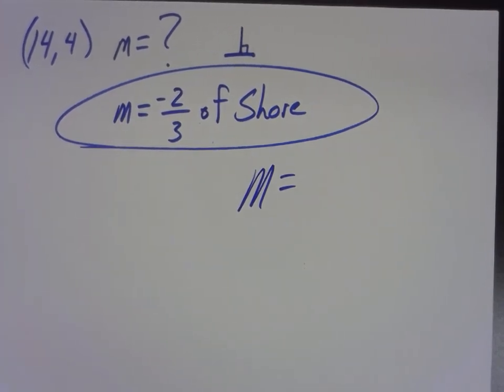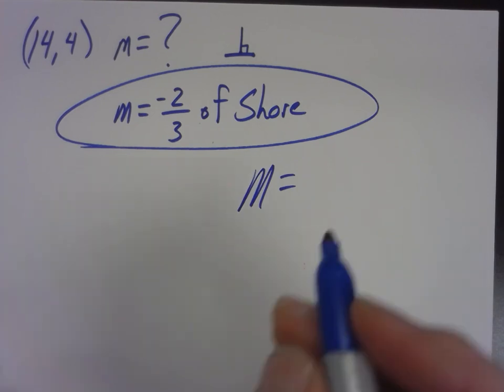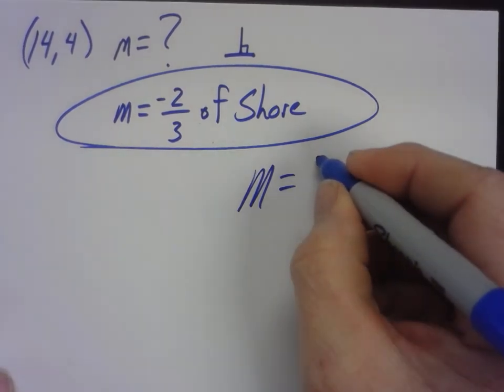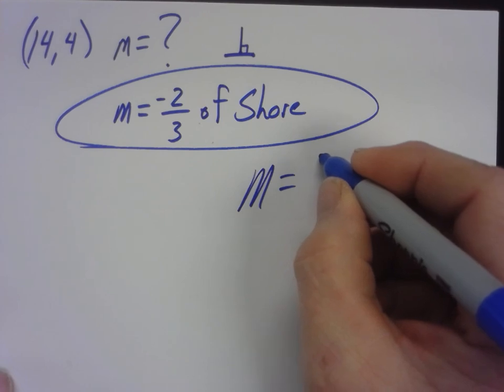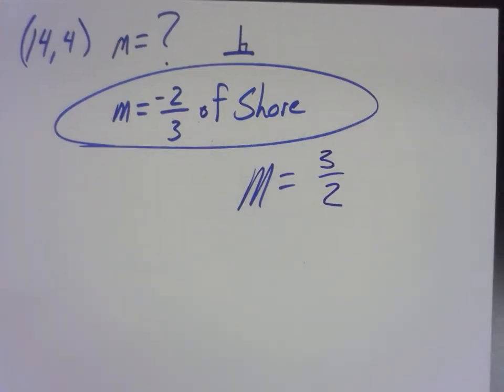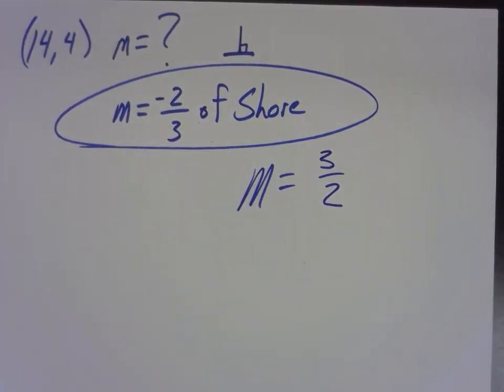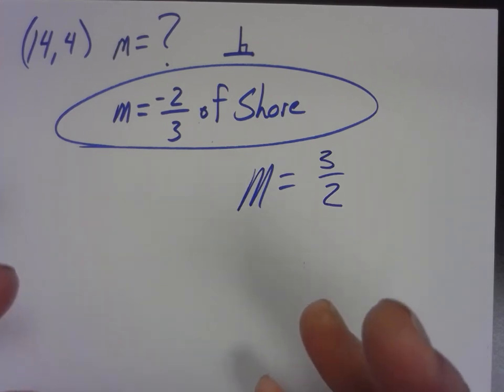Oh my gosh, what does it have to be? Negative 3/2? 3/2? Opposite sign and... Okay, so we call this the opposite reciprocal. Okay, that's what it's got to be.